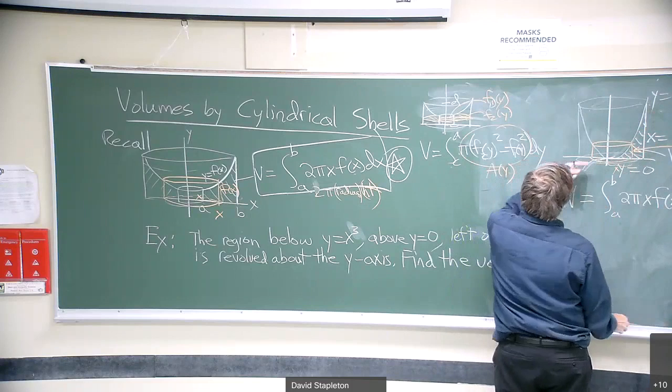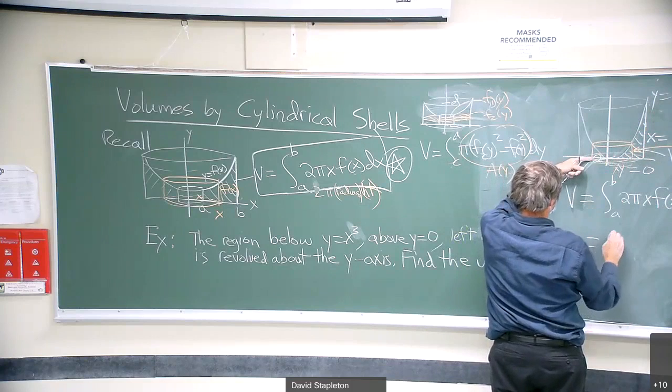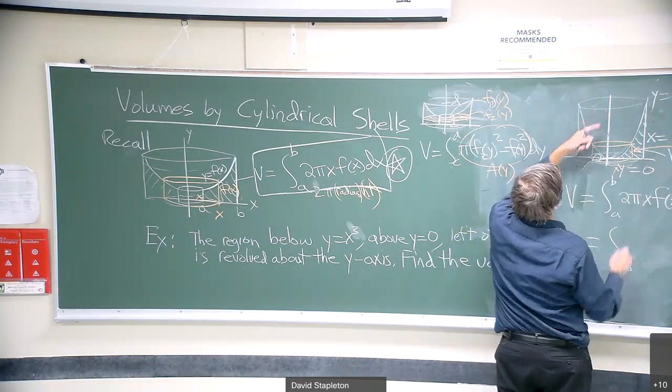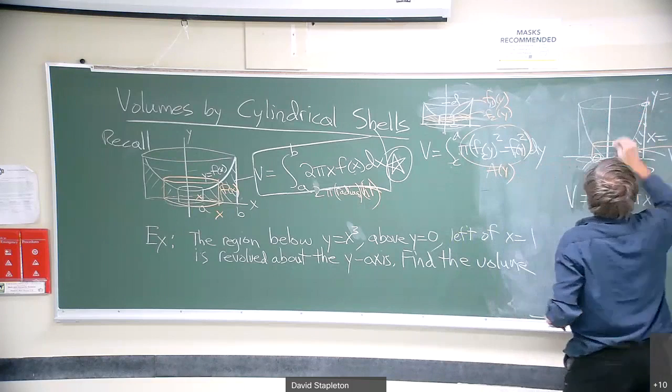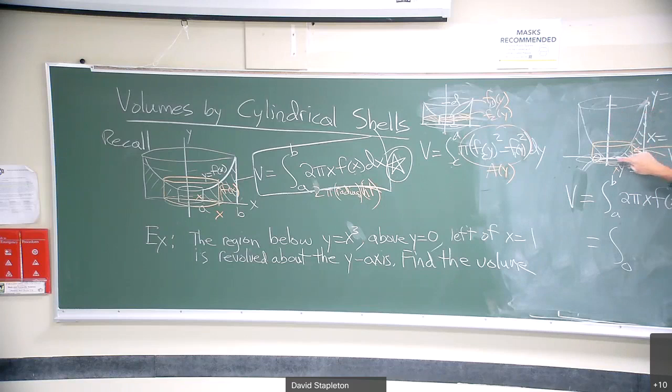So apparently the cylinders start down here at y equals 0. Where do they stop? Well, you have to find this intersection point, right? This is where they stop right here. Sorry, it's on the x-axis from here to here. You have to find this point.